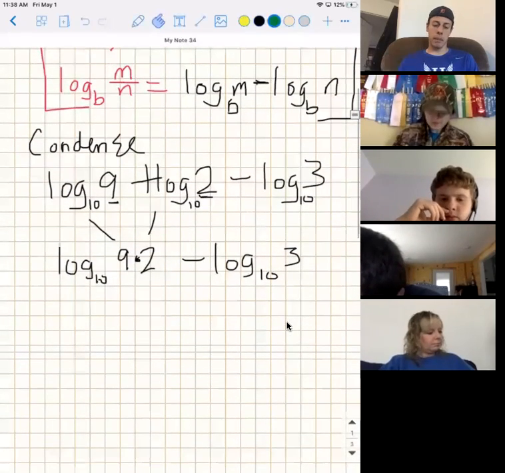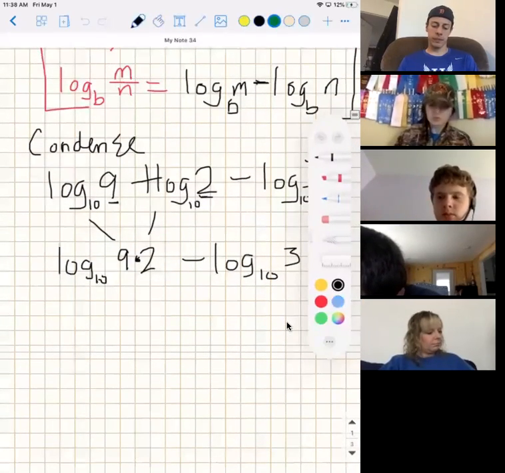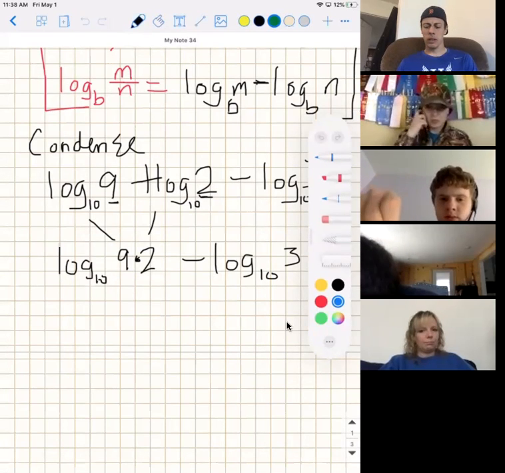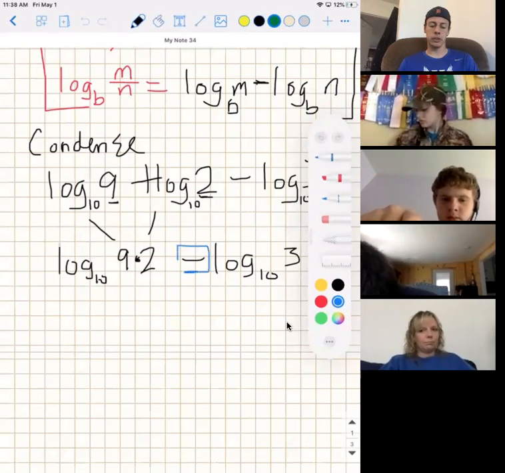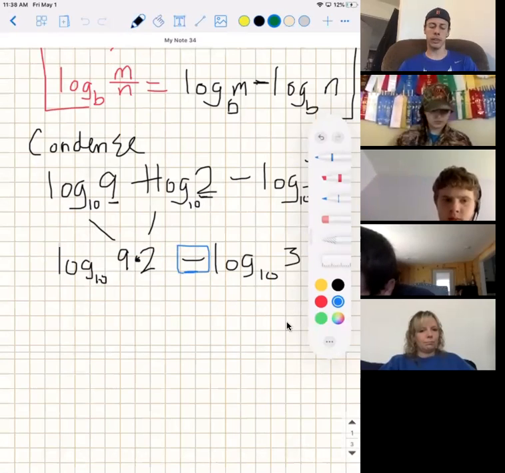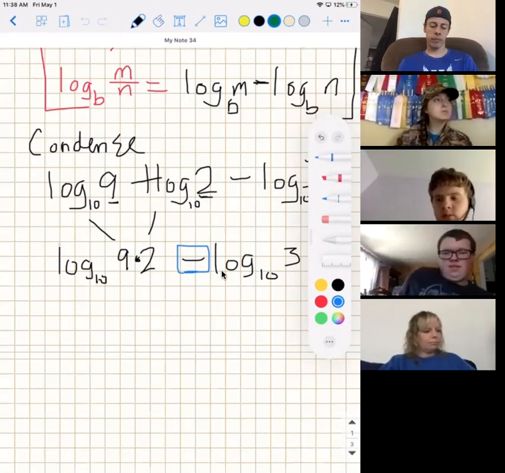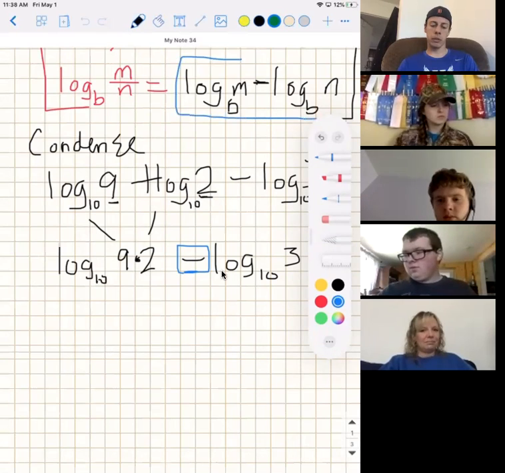Can you guys see what's going to happen next? What's going to happen when we have to subtract, right? This is saying we need to subtract two logs with the same base. Well, if we look up here, if you have two logarithms, they both have the same base, both base 10 here, we can write it as a division statement.